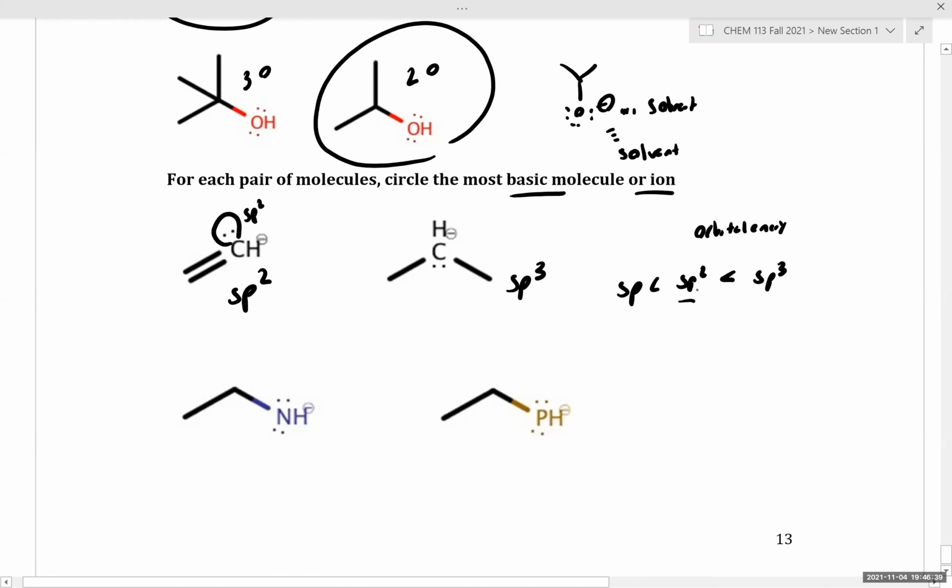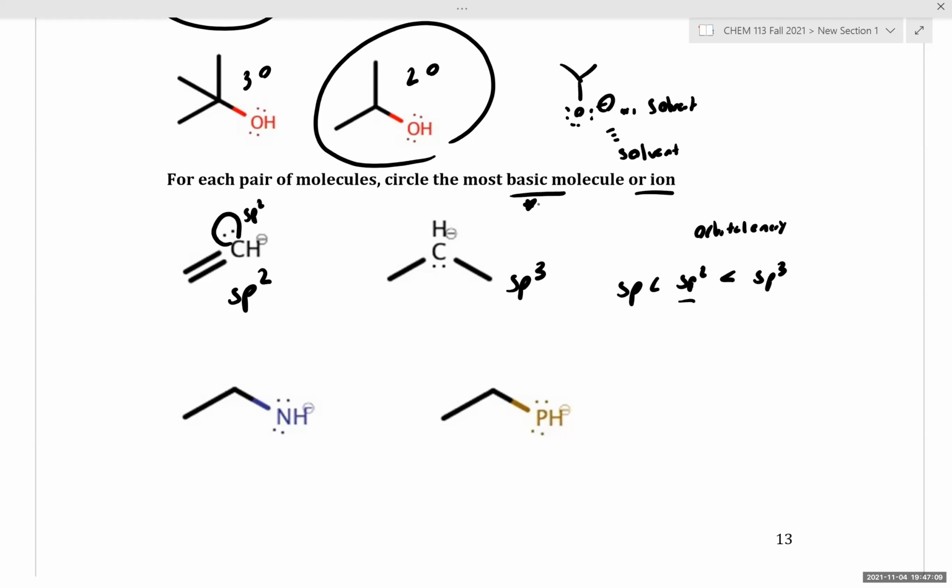And when we think about basicity, things are more basic when the anion is less stable. So because the sp2 anion is more stable, is it going to be more or less basic as a result? More basic, right? So since it's more stable, it'll be less basic.